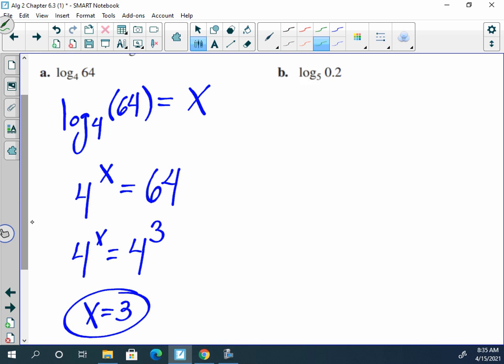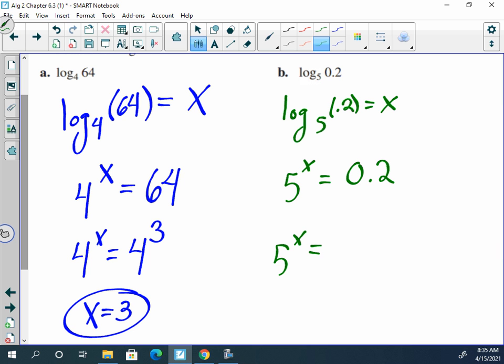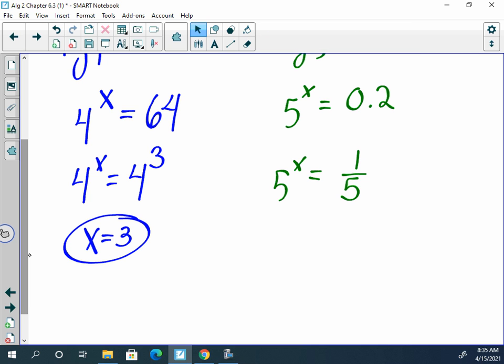Let's rewrite b, because we're starting off with log base 5 of 0.2 is equal to x. Now, 0.2, how can we rewrite that as a fraction? What is 0.2 as a fraction? It is 1/5, yes? I rewrote it as a fraction because it's a little bit easier to work with, a little bit easier to see.